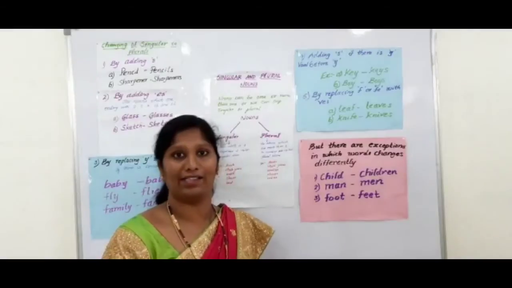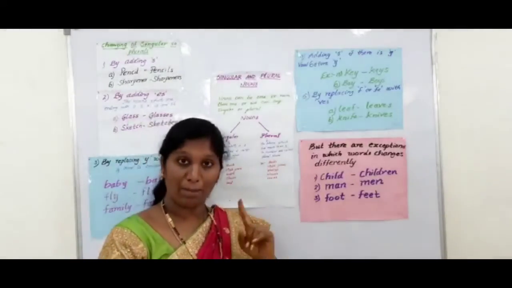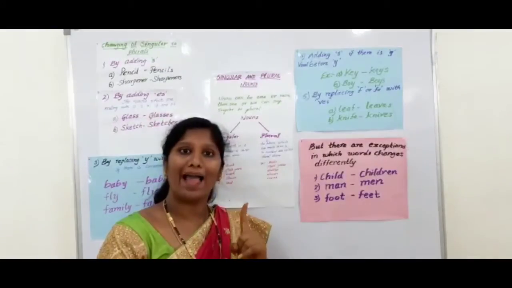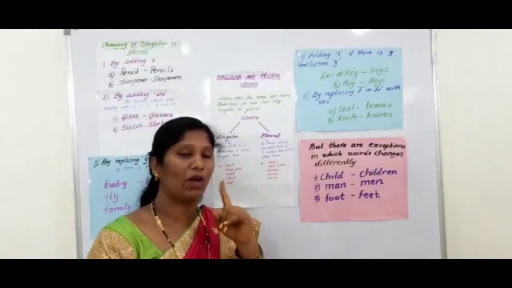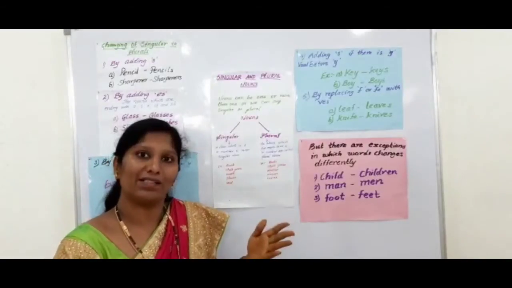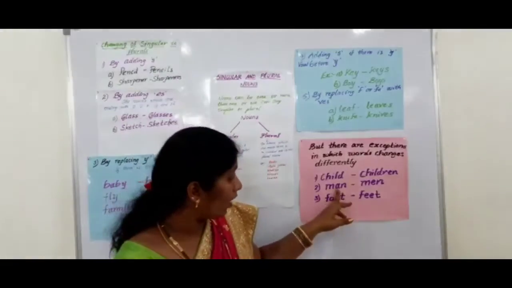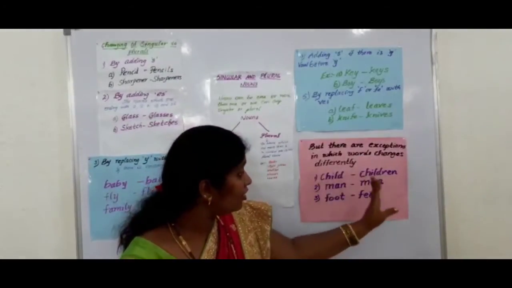Don't say childs. Okay, children. In the same way, if you are talking about one male person, we will call him a man. And when we are talking about more than one, we will call them men. The whole word is changed.